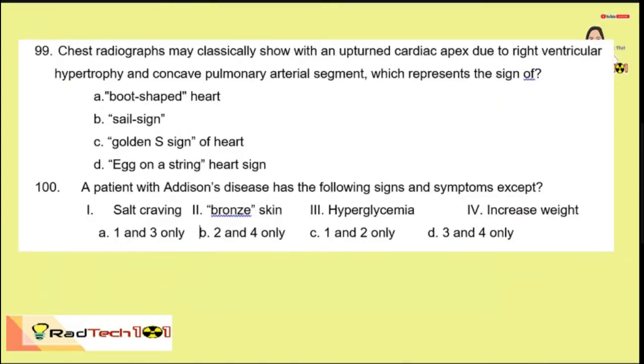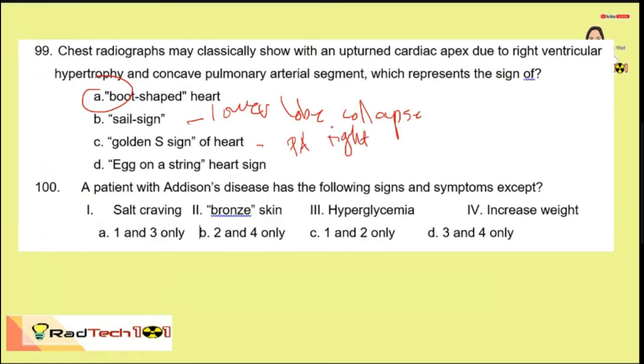And last two numbers, chest radiographs may classically show an upturned cardiac apex due to the right ventricular hypertrophy and concave pulmonary arterial segment. So this is what we call the boot-shaped heart. So yung Sail sign naman, it suggests a lower lobe collapse of the lungs. Yung Golden S sign, nabanggit ko kanina, ito yung makikita natin sa PA chest x-ray of the right upper lobe naman.